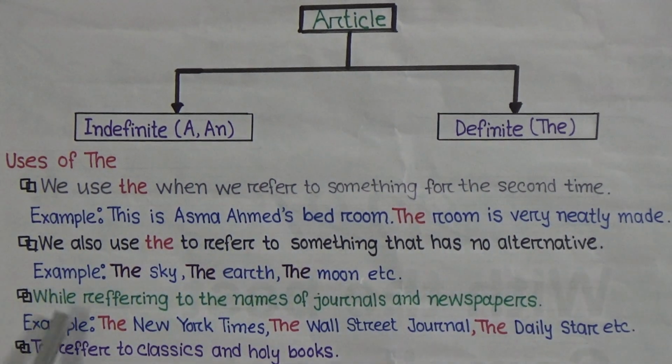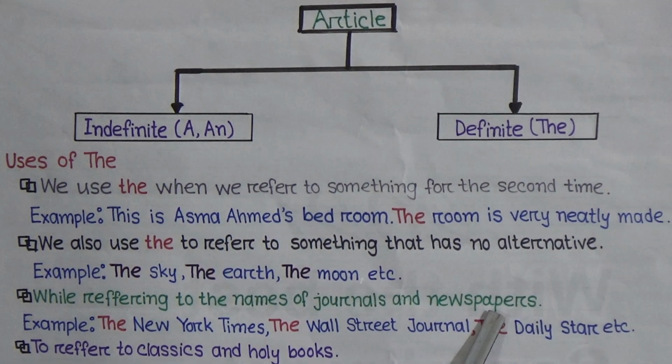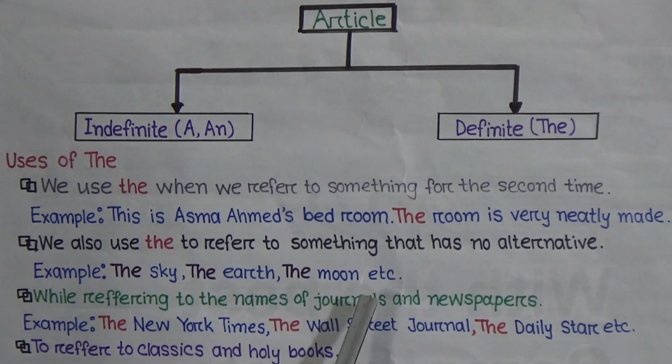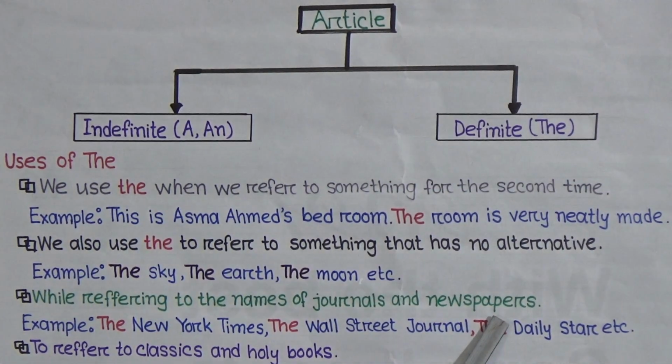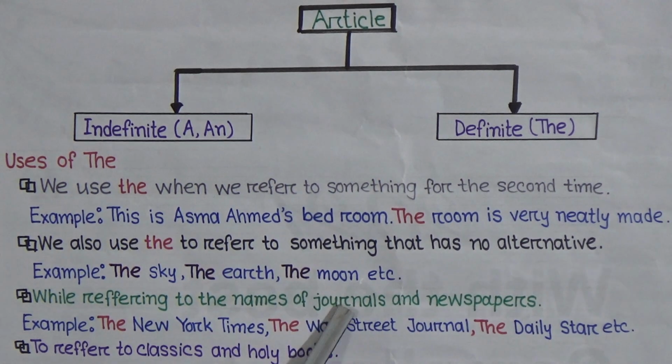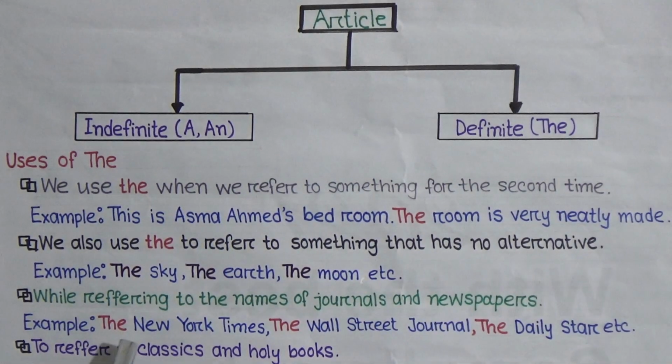Rule number 3, while referring to the names of journals and newspapers, we have to use the. I'm repeating, while referring to the names of journals and newspapers, we have to use article the, because these journals and newspapers are definite, identified. That's why we have to use article the.